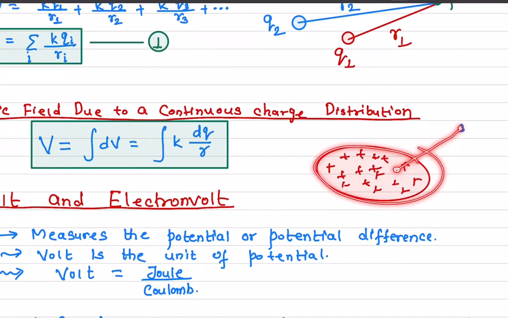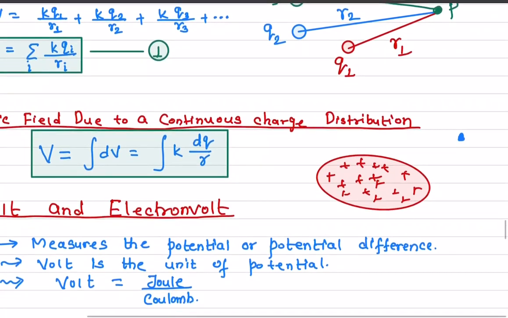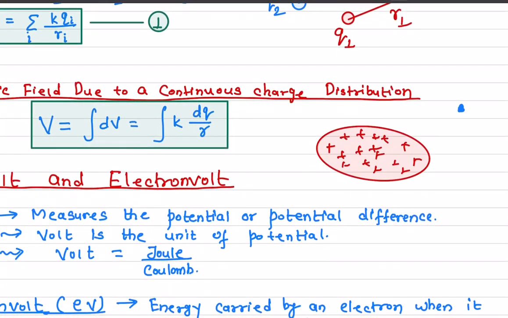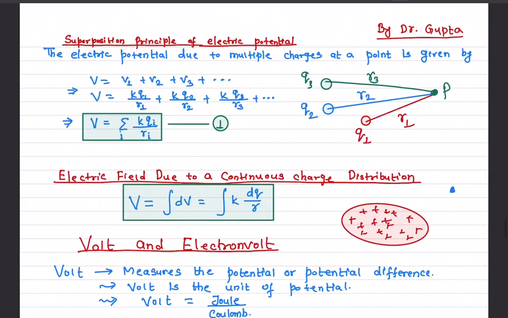This is how you find it. You take one tiny charge here, find the potential at this point, and then integrate over the entire region. Then that gives you the potential due to a continuous charge. So it's again the superposition principle, but here not for discrete charges but for a charged disk or a continuous charge. So remember, for a continuous charge distribution you have to integrate.